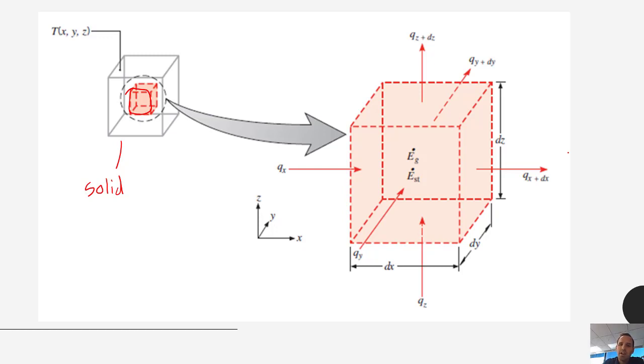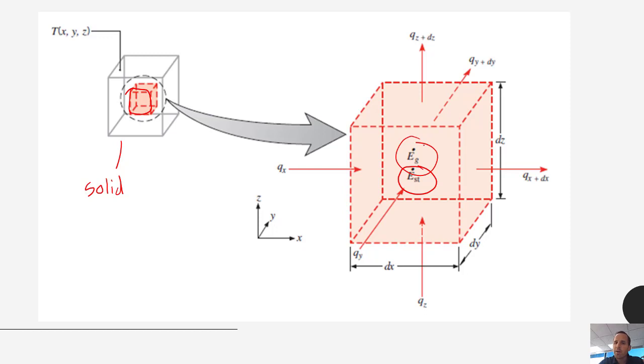So we could have energy coming in the left face and then leaving the right face, coming in the bottom and then leaving the top, coming in from where you're sitting into the screen and then leaving out the back of the screen. So we're going to do an energy balance that takes into account those different directions, but it's going to have an in and an out term in each direction. We're also going to consider an accumulation term, the energy storage, and a generation term.